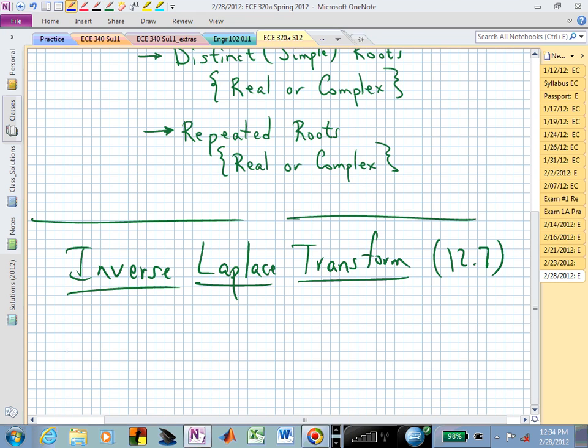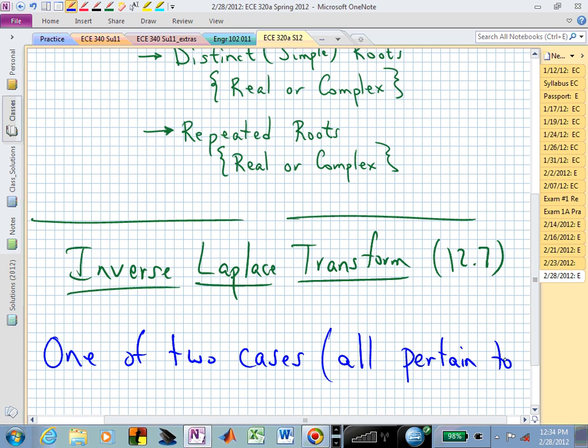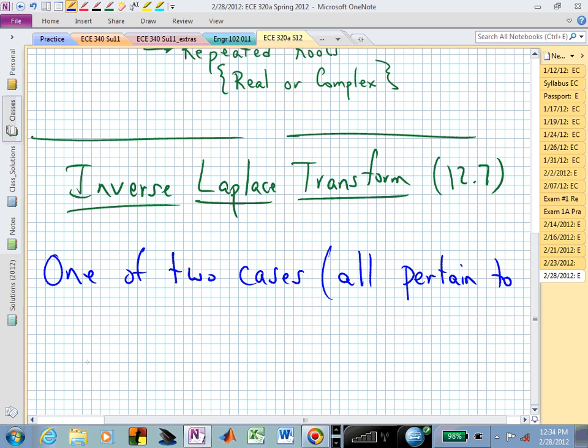As I said, we'll try to break this down into two cases. It's not that many, so two cases, and all of those cases pertain to the denominator polynomial.